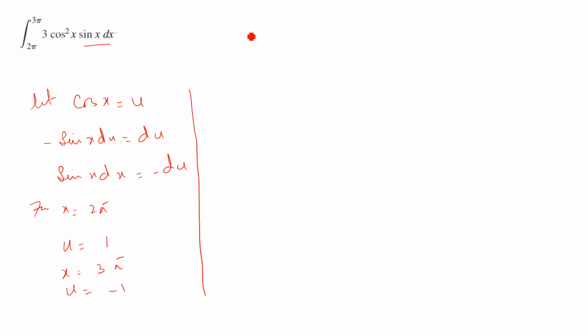So this integral becomes the integral from 1 to minus 1 of 3 u square times minus du, which is equal to negative integral from 1 to minus 1 of 3 u square du.